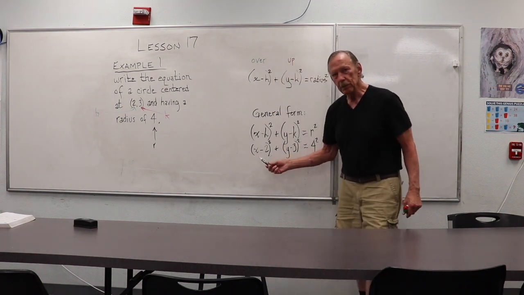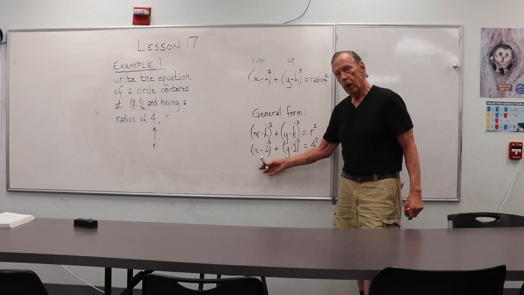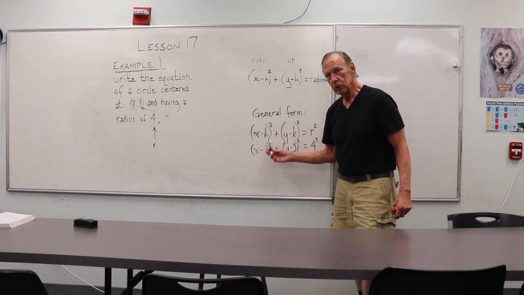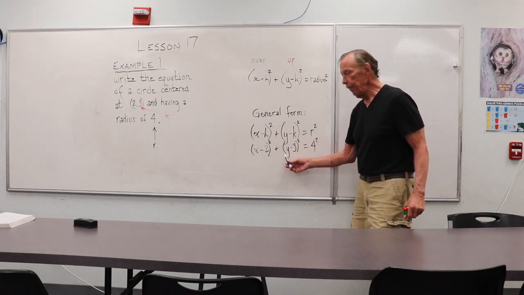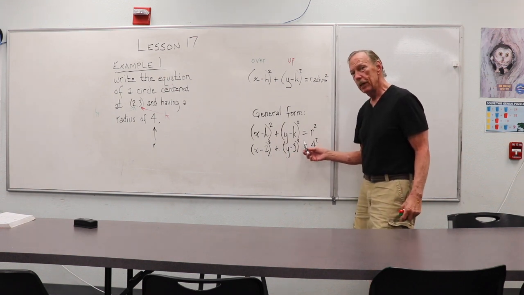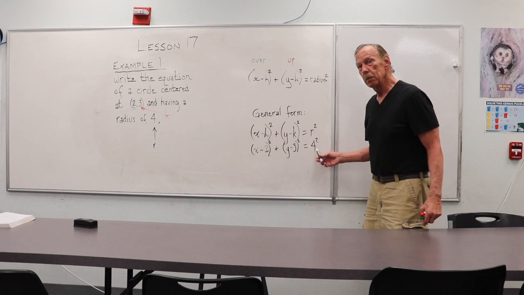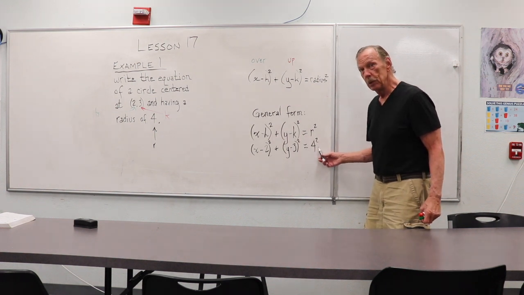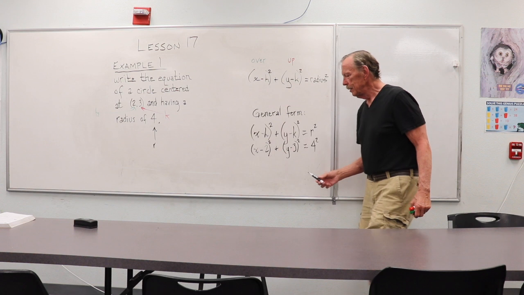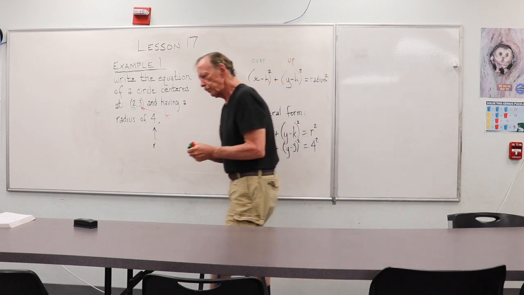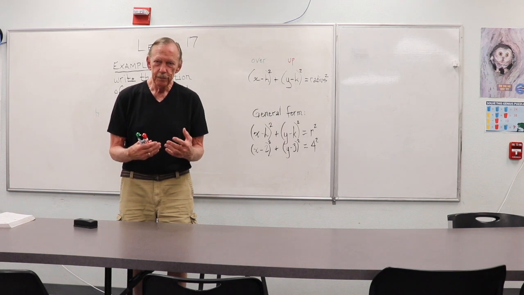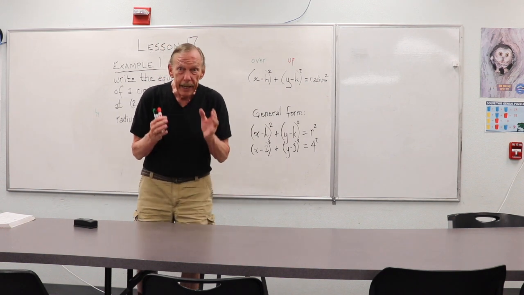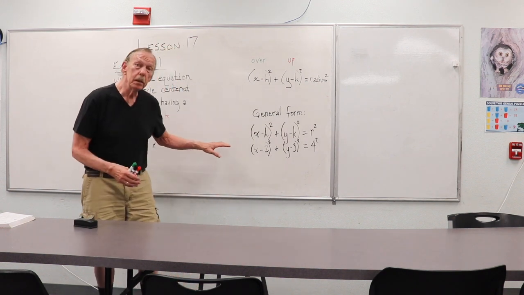The equation of the circle, quantity x minus 2 squared, and the quantity of y minus 3 squared is the radius of 4 squared. I can't encourage you enough to not get creative. Just plug the numbers in.